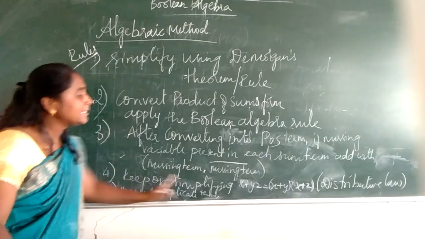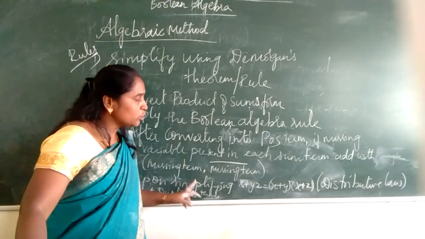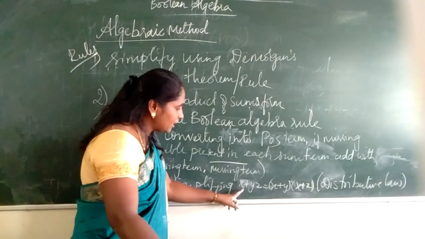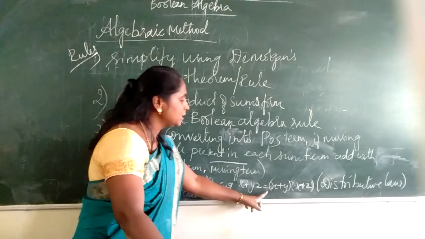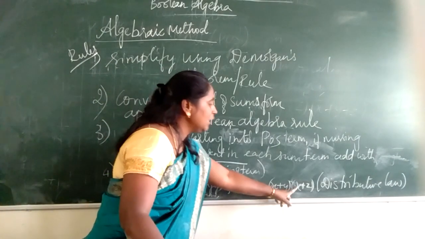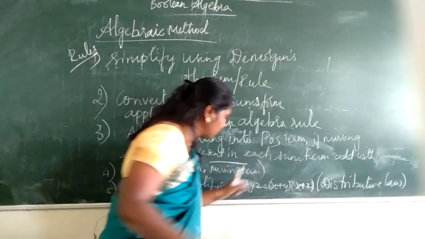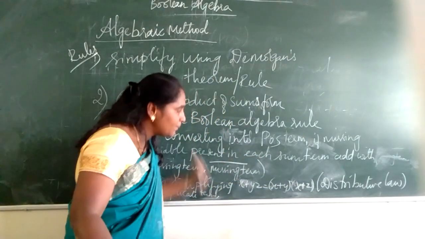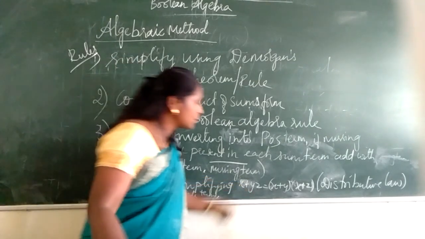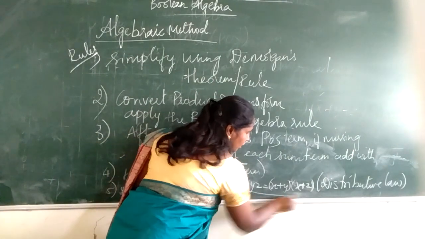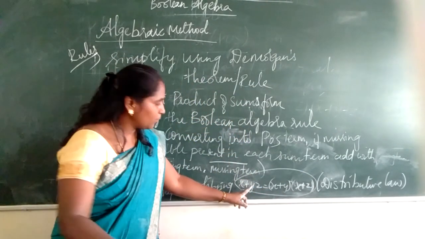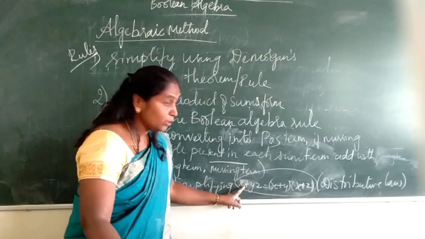you keep on simplifying the given expression using the distributive law, that is x plus yz equals x plus y into x plus z. After adding the missing term, you keep on simplifying the expression using this rule, the distributive law. That is your first distributive law, and that is the second distributive law.